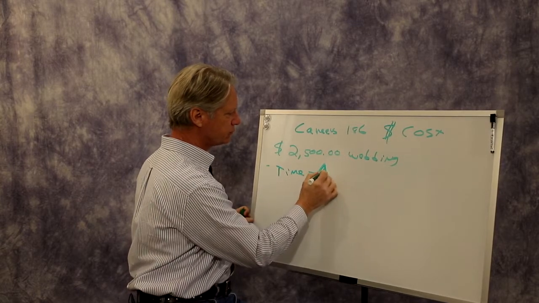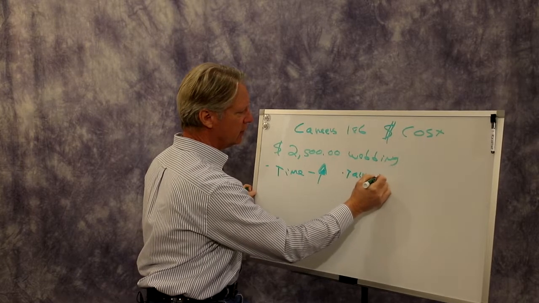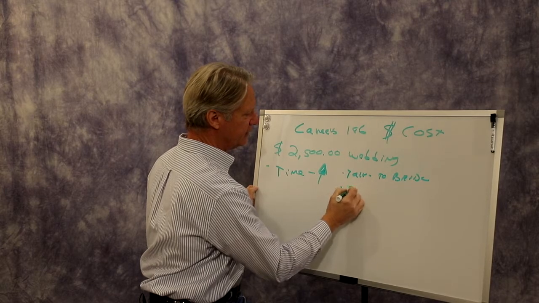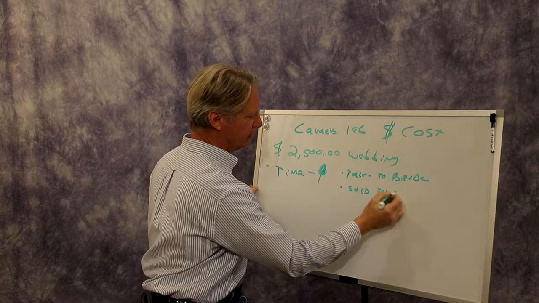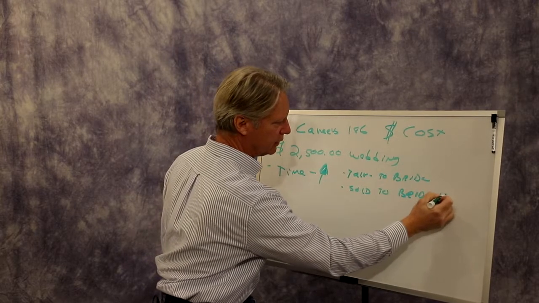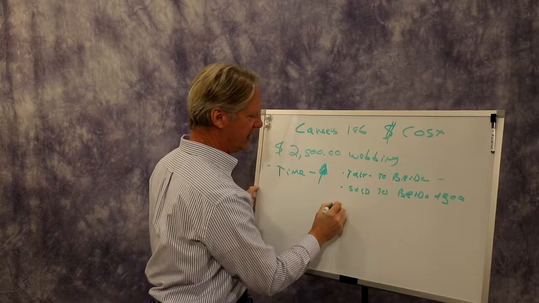Okay. So you talked to the bride. Okay. Then you sold to the bride and groom. So how long did you talk for? How long did it take you to sell?